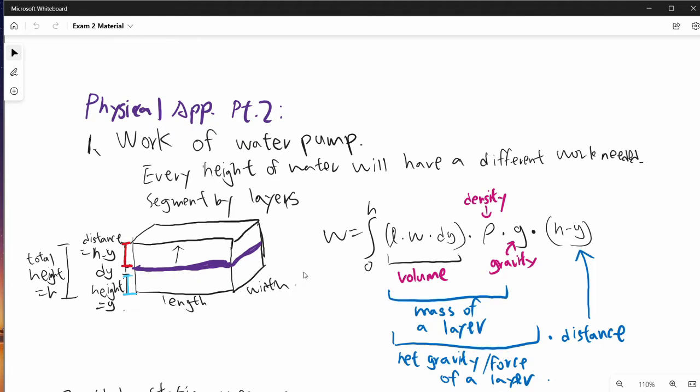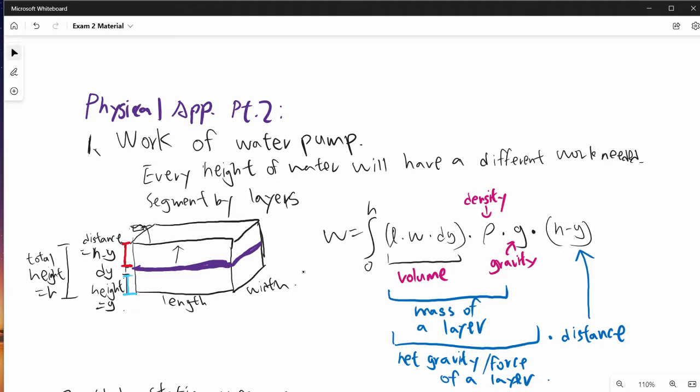So starting off with more physical applications. We have this general concept of the work being done by a water pump that is pumping water out of a tank through the top. Let's say you have a water pump right here, pumping the water out of this tank this way.